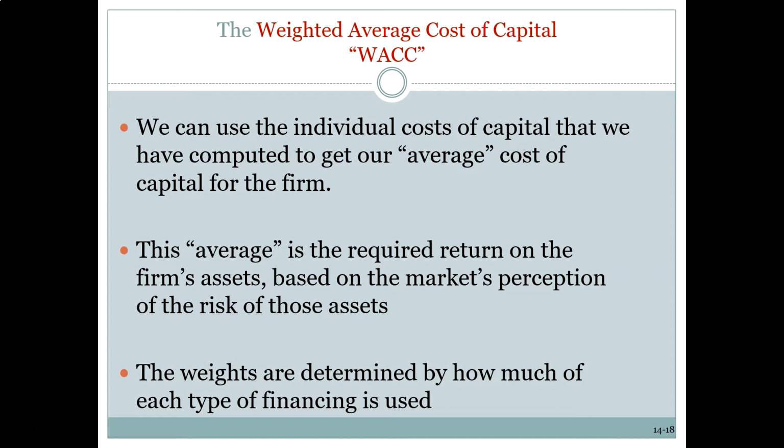Okay, so if our firm is mostly equity, then our weighted average cost of capital should be mostly dependent on what the equity cost is, and not as much on what the debt cost or preferred equity costs are. That's why we weight. Okay, so this is the return that will satisfy all of the firm's investors.